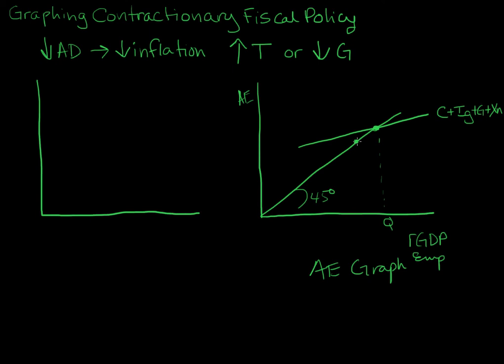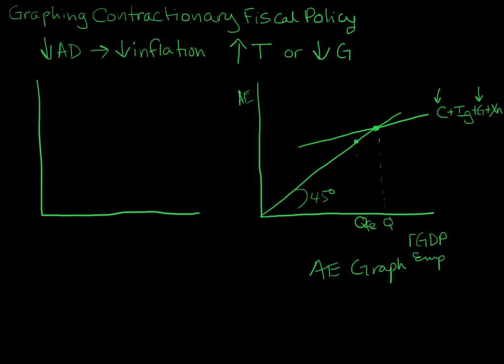So in this case, our actual level of employment is greater than full employment. So we would need to intersect this 45-degree line here. So our goal here is to reduce consumption by increasing taxes and reduce government spending.